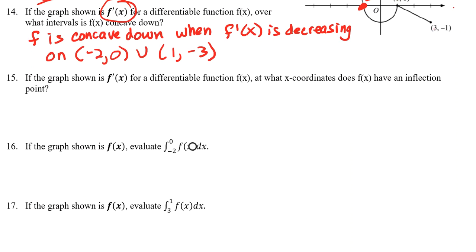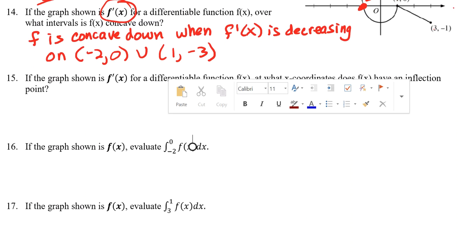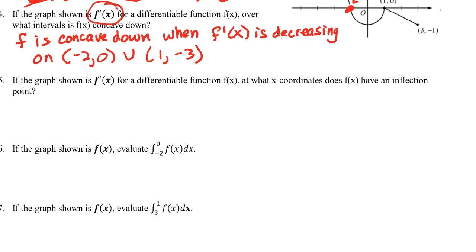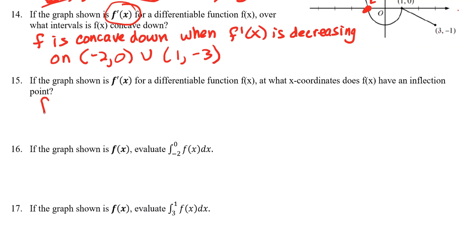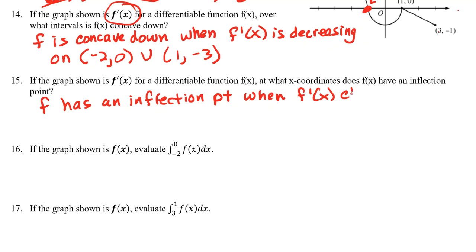If the graph is f prime, at what x coordinates does f have an inflection point? All right, so from the first derivative, f has an inflection point. And again, our first thought is when f double prime changes signs. So when does that happen? When f prime of x changes from increasing to decreasing.